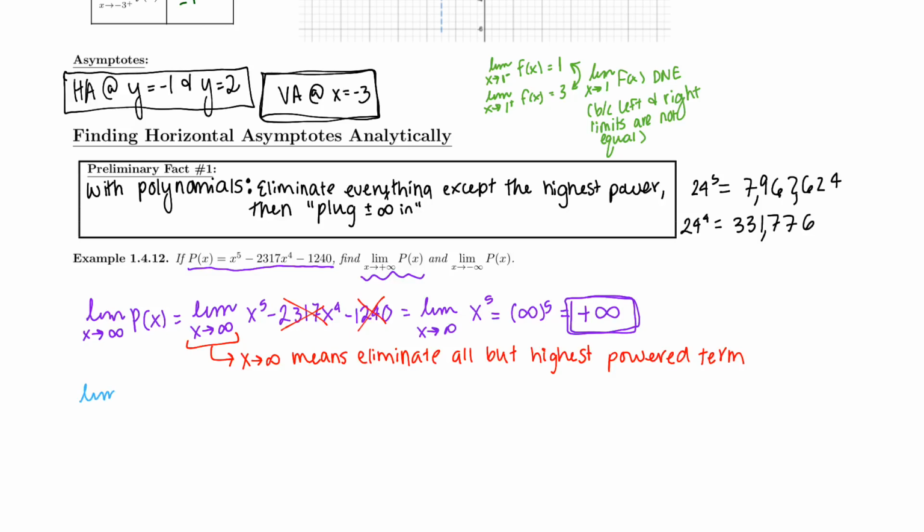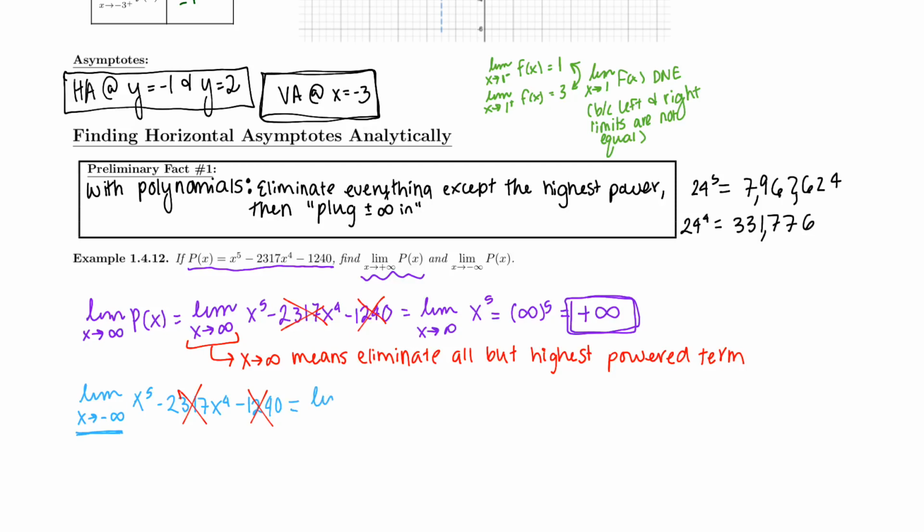On the other hand, if we take the limit as x goes to negative infinity of this function, x to the fifth minus 2,317 x to the fourth minus 1,240, we can still eliminate everything but the highest power, because x is going to negative infinity.